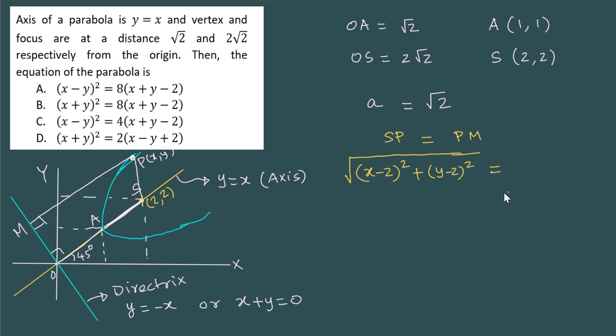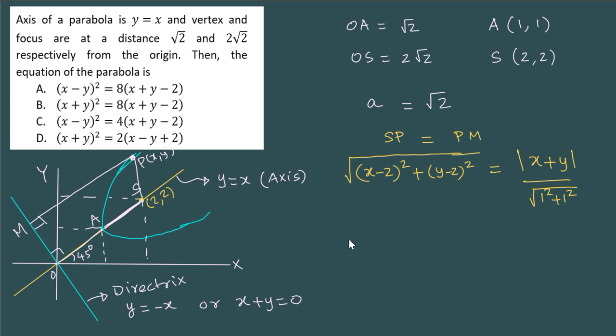How do we get the perpendicular distance PM? I'll just substitute x and y in this equation, so it'll just stay x plus y, divided by the square root of 1 square plus 1 square.